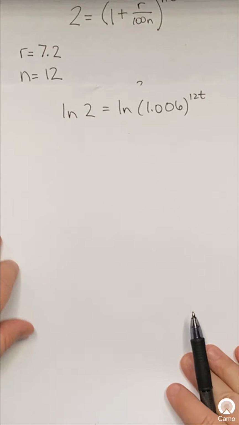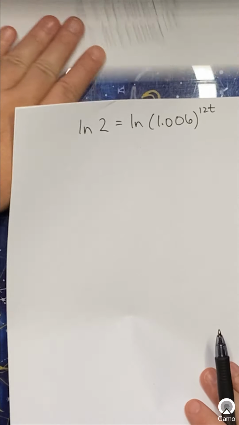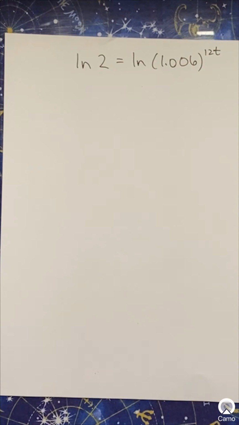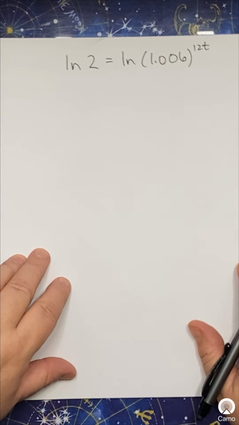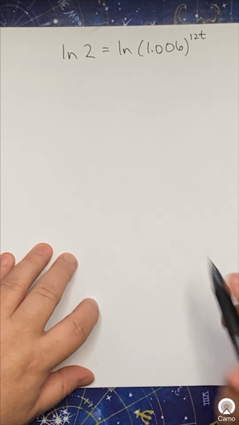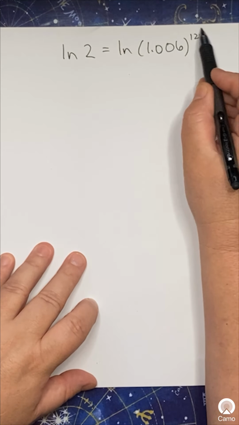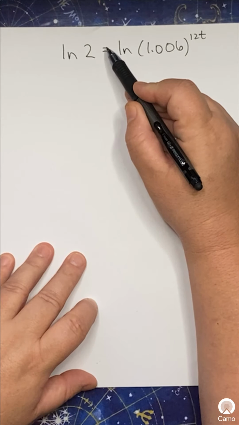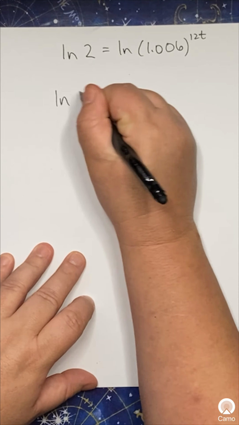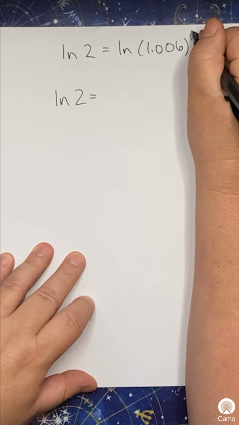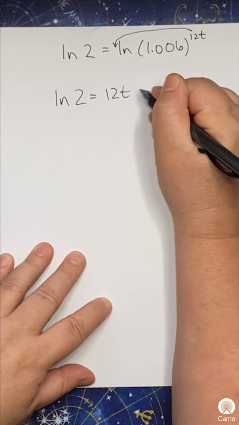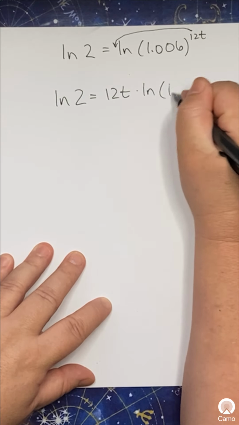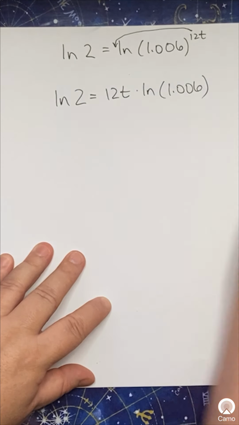Okay, remember what happens when you take a logarithm: whatever's in the exponent comes down. So I get natural log of 2 equals, and then this guy comes down in front, so I get 12t times natural log of 1.006.